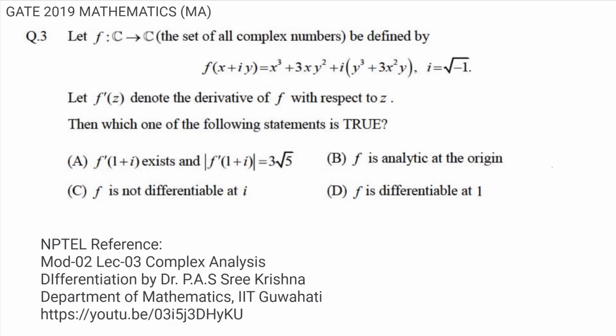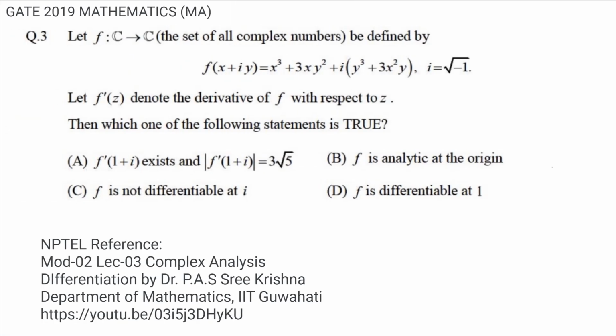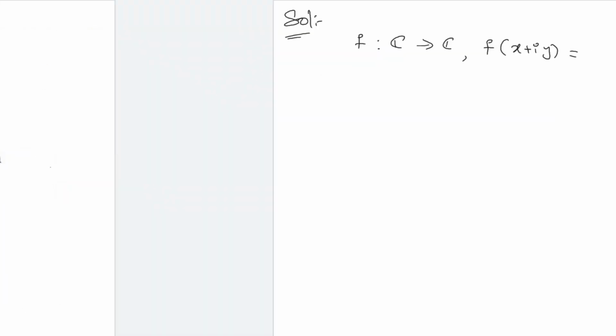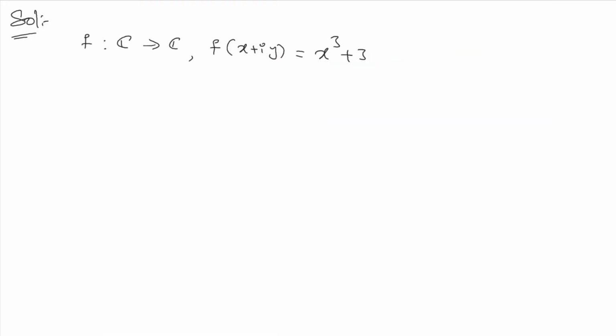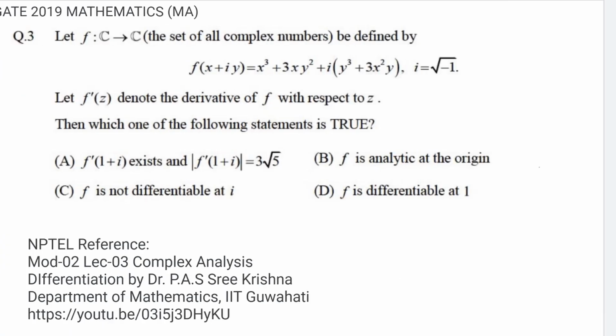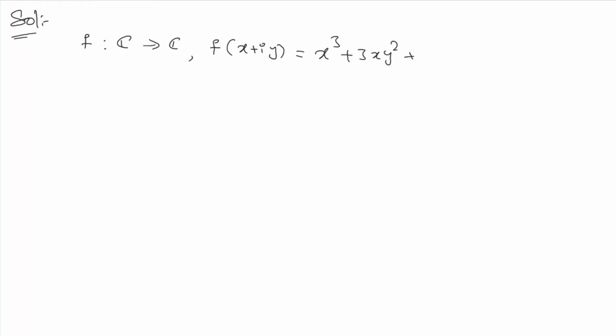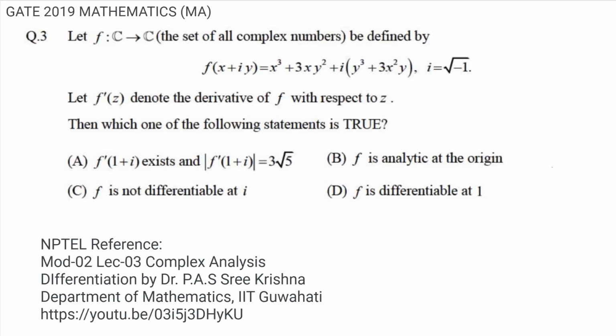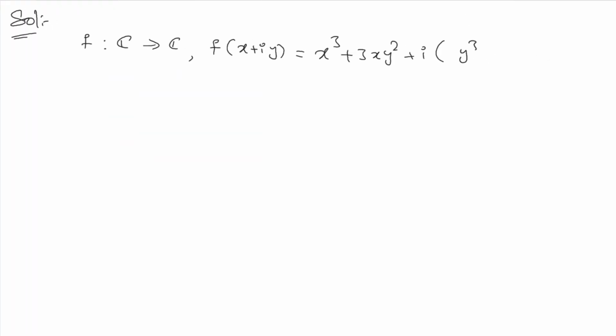So now coming to the solution. We have the function f from C to C, given as f of x plus iy defined as x cube plus 3xy square plus i times y cube plus 3x square y, where i is square root of minus 1.